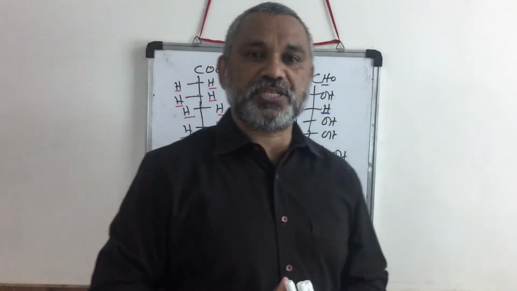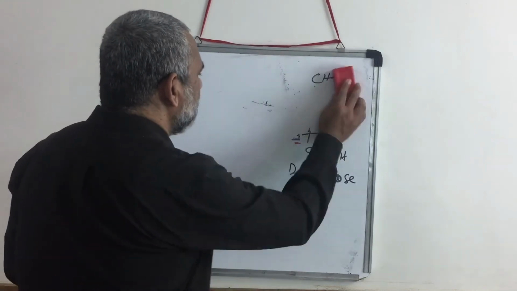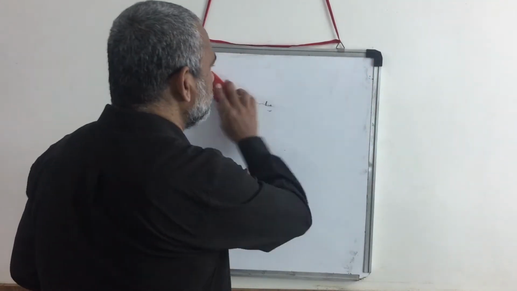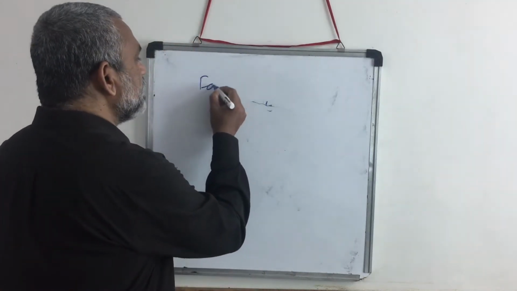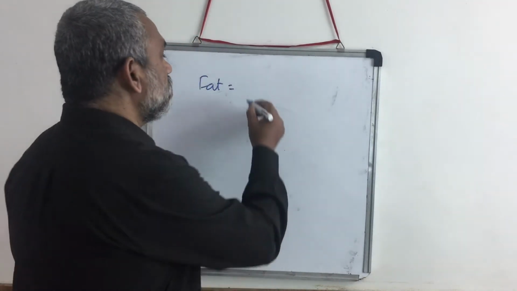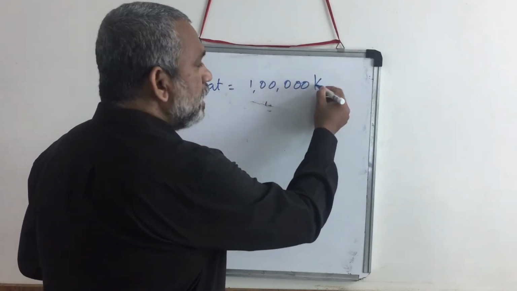Another important point is the amount of energy which is stored. Let us consider a person of 70 kilo body weight. He will have roughly about 11 kilograms of fat. Our fat can give about 1 lakh kilocalories of energy.